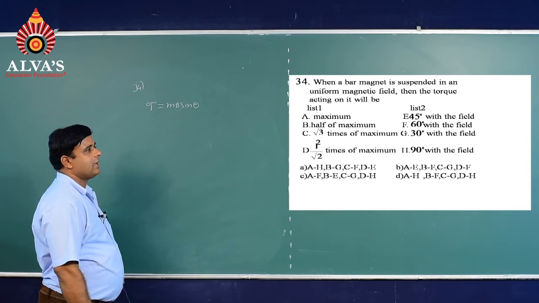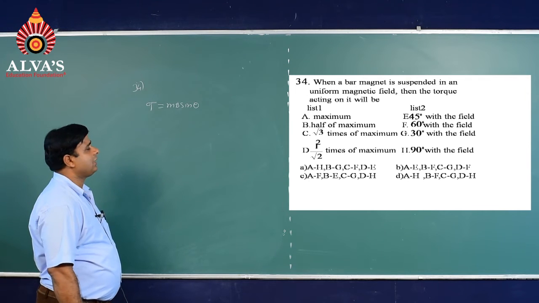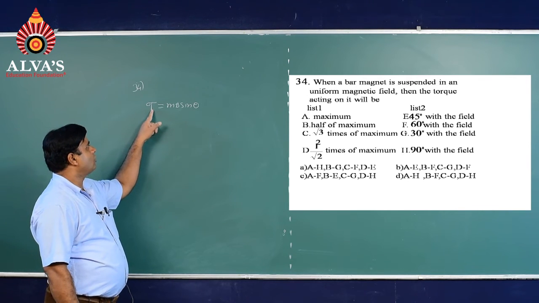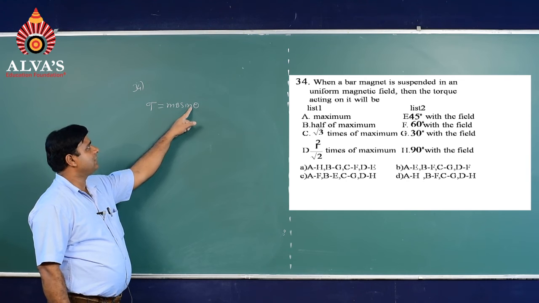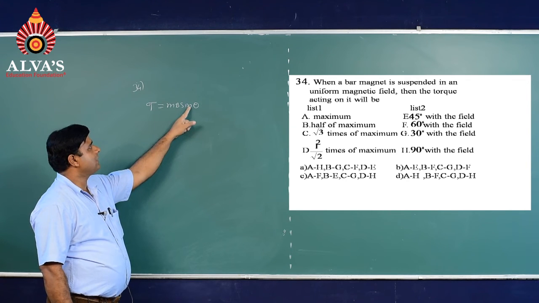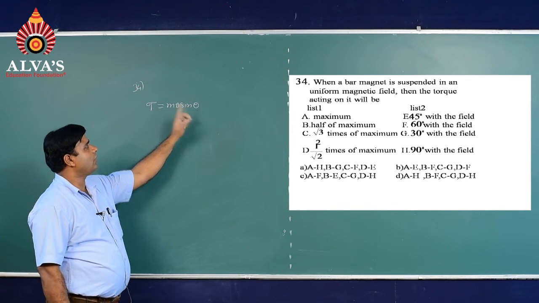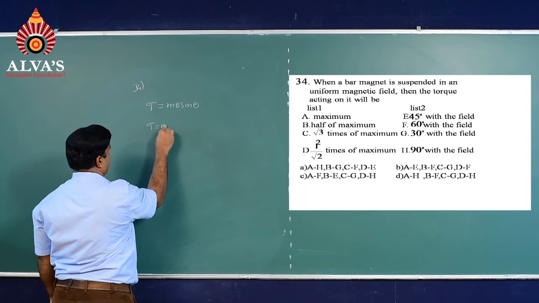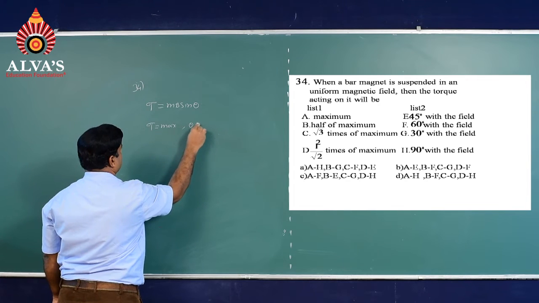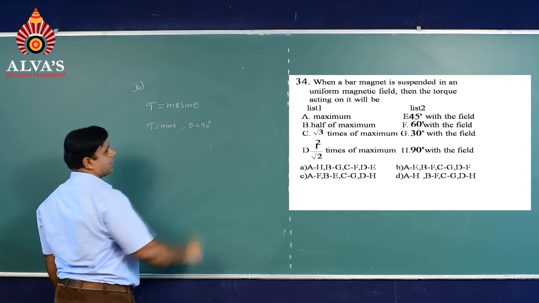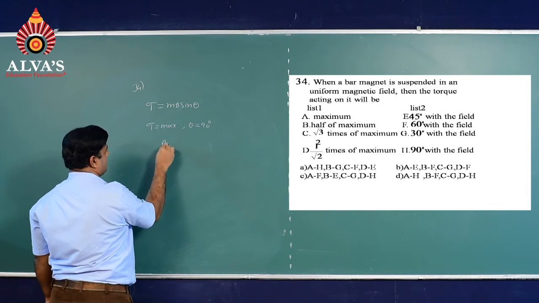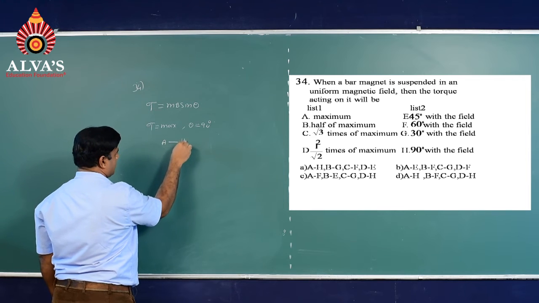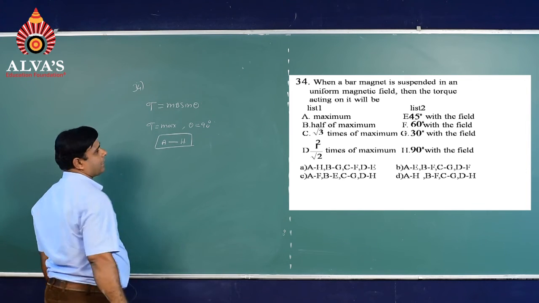For torque to be maximum, sin theta should be maximum. Sin theta's maximum value is 1 when theta equals 90 degrees. So, tau is maximum when theta is 90 degrees. Therefore, A goes to H.